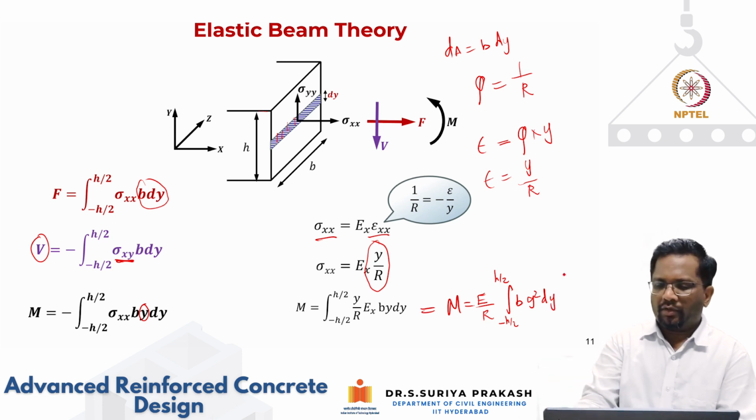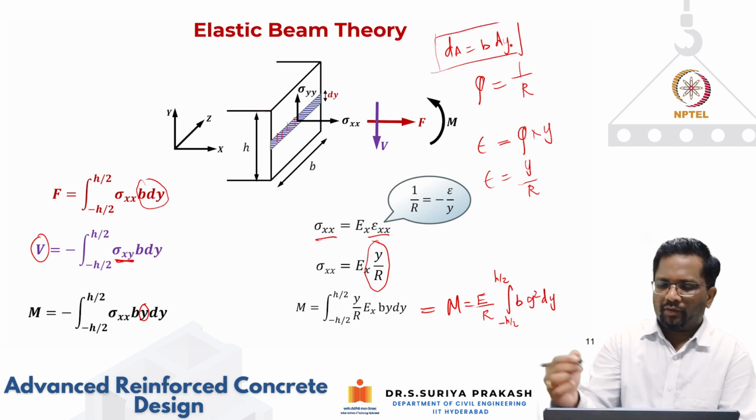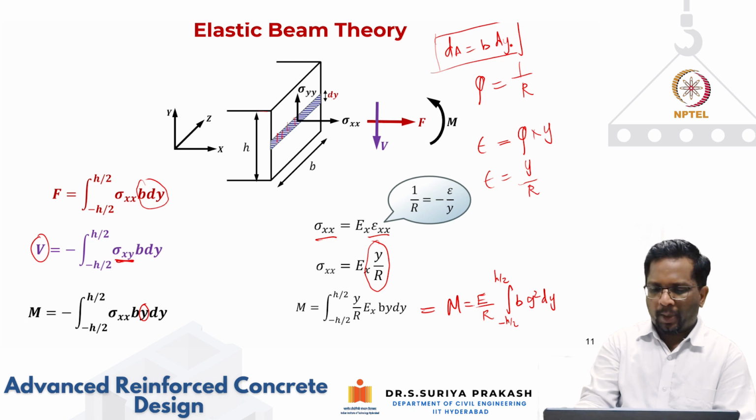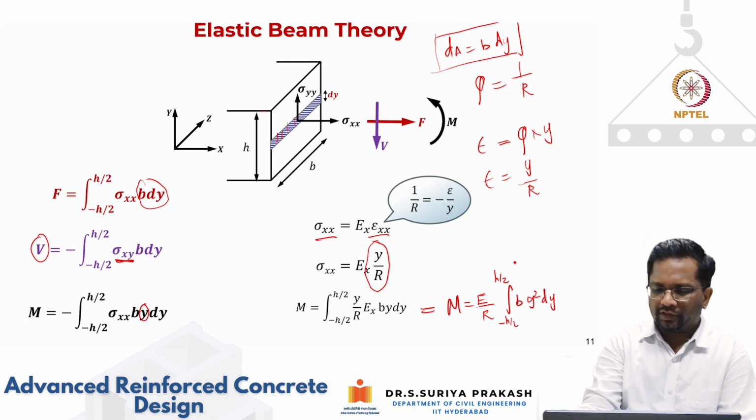Now, what is this b into dy? b into dy is nothing but your elemental area. From your strength of materials, we know that. So in other words, b dy is dA, and it is going to be y square dA.